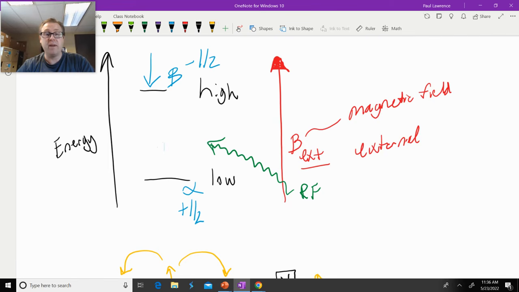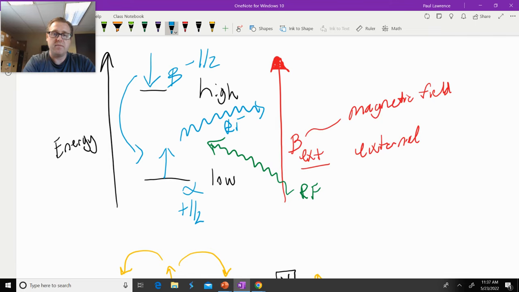And then that can relax back down into the alpha state. And when it relaxes back down, what happens? We emit radio frequencies. And then the detector will detect that emission, and that will help us understand the structure of the molecule.